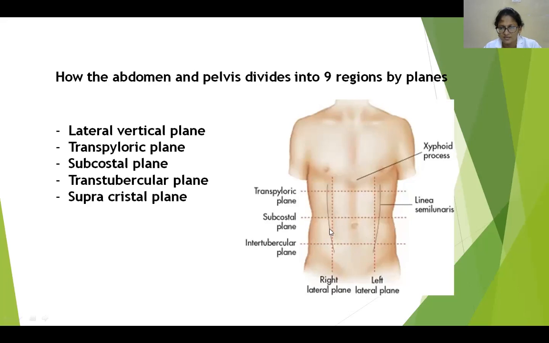From where do the lateral planes extend? The lateral plane extends from the mid-inguinal point. The mid-inguinal point is midway between the anterior superior iliac spine and pubic tubercle. It extends from the mid-inguinal point to the mid-clavicular line. This is the right lateral plane and this is the left lateral plane.